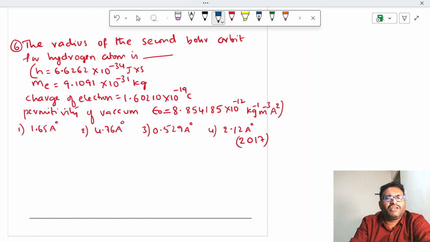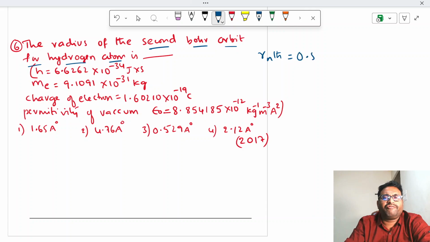Next, the radius of the second Bohr orbit for the hydrogen atom. These quantities are given, and based on them we need to calculate. Actually, we can also calculate directly. We know the formula: the radius of the nth orbit is equal to 0.529 angstrom units into n square by Z, approximately 0.53 angstrom units.